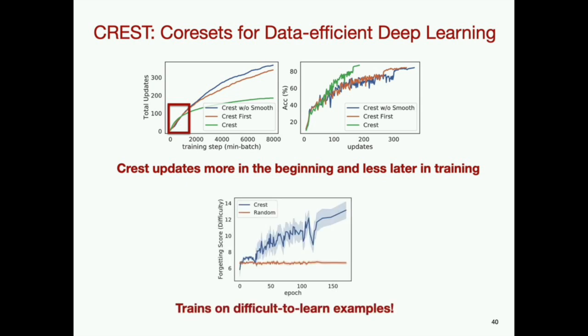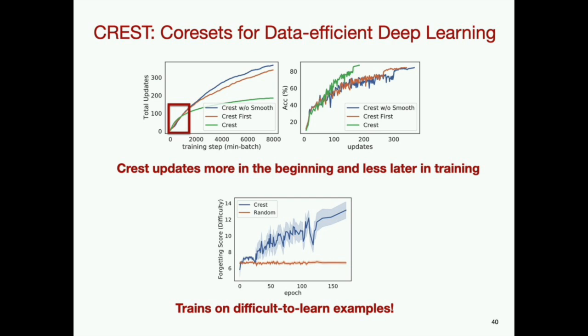And let's also see, like we are getting a curriculum, right? Because we are also updating these subsets during the training. Let's look at what is this curriculum that we got from this algorithm. So the x-axis, the bottom plot, is the epochs of training. And the y-axis shows the average difficulty, learning difficulty, of examples that are in the subset.